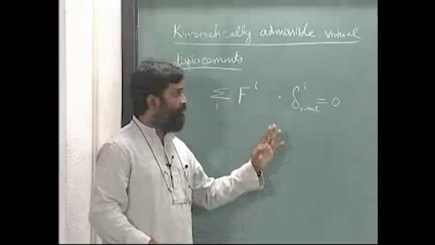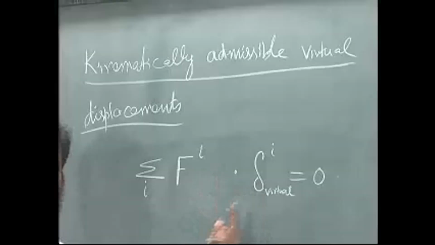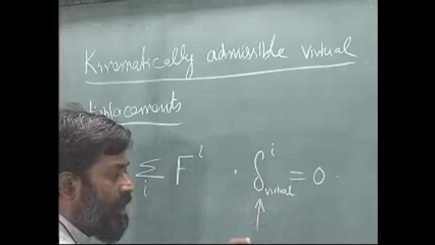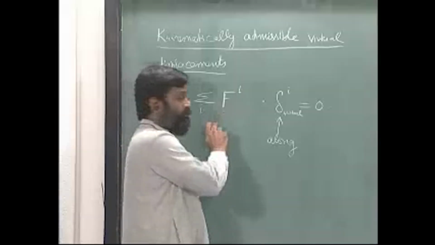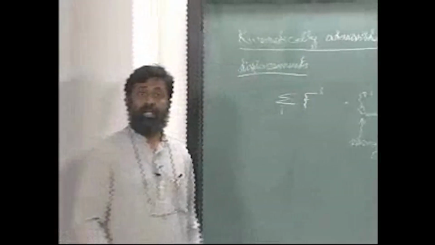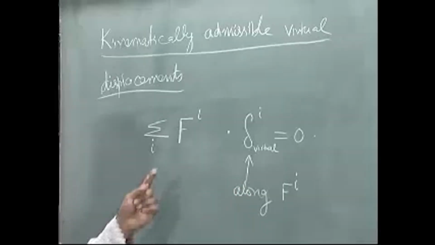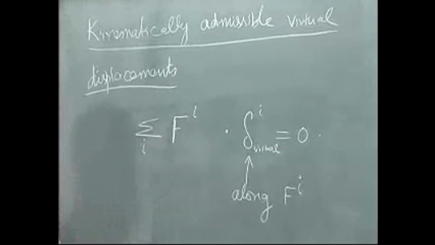One important thing to note is, what is this virtual displacement? This virtual displacement is along the appropriate force, along the direction Fi, and it has to have a positive notion. That is something you have to remember.